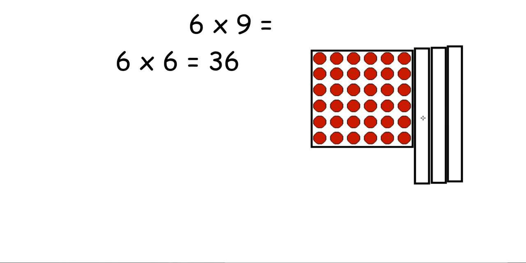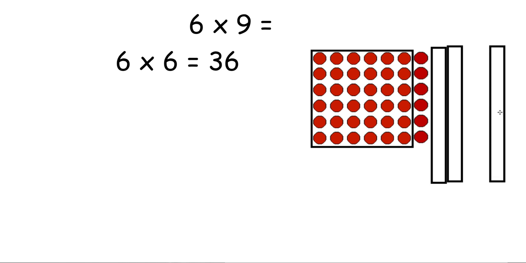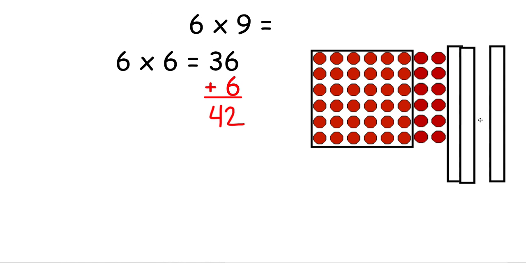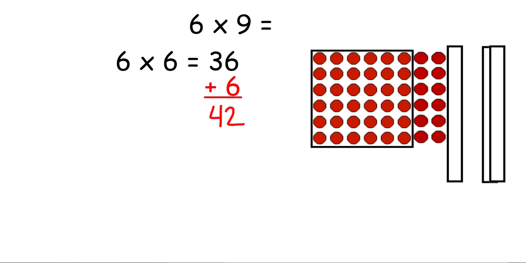And then, one at a time, we need to bring those 6 back in here. So we have 36 plus 6, and we mentioned on the previous slide that that's going to be 42. And then we have another 6, so I'll bring that one in here.